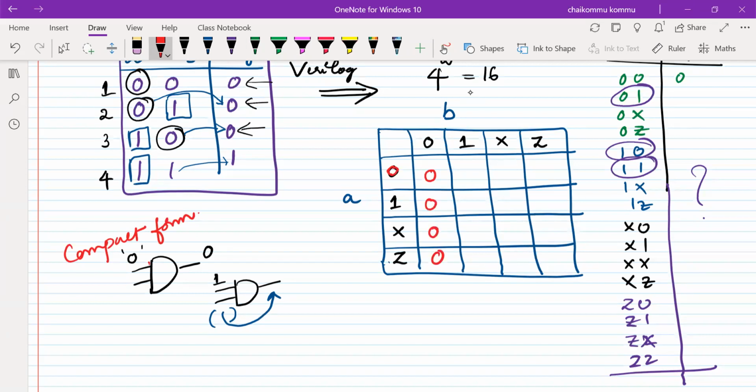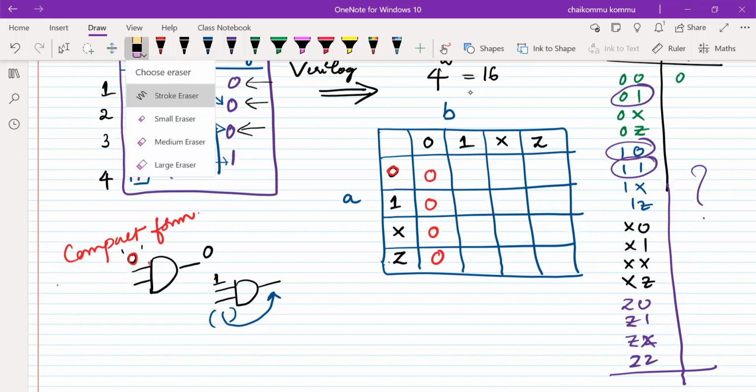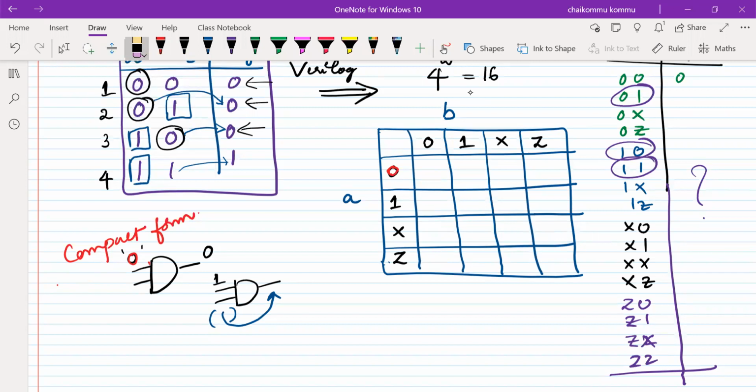I'm sorry, I should not write it like that; I should write horizontally.